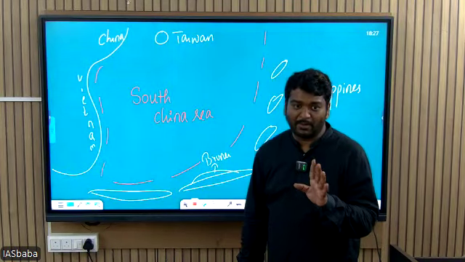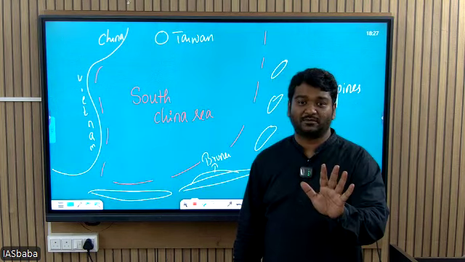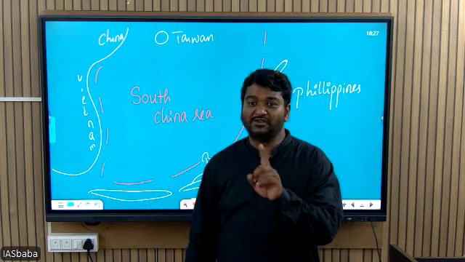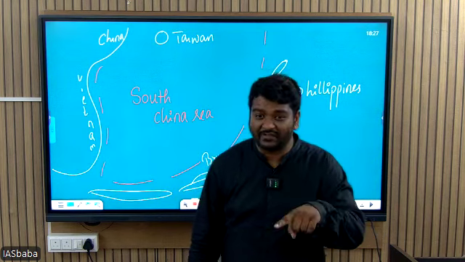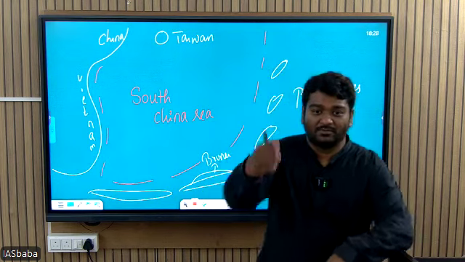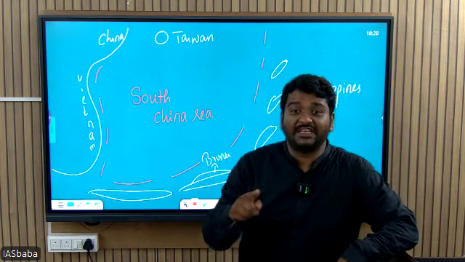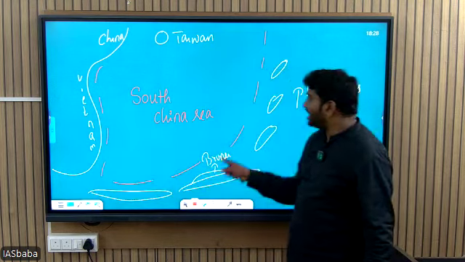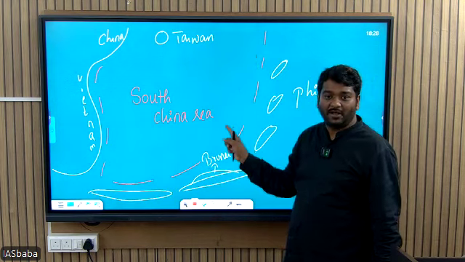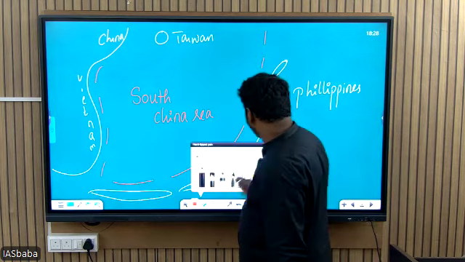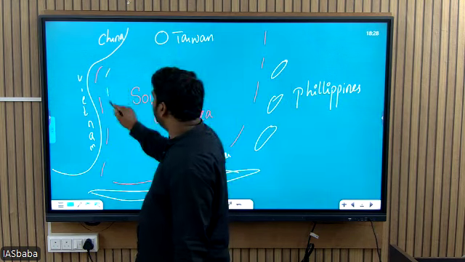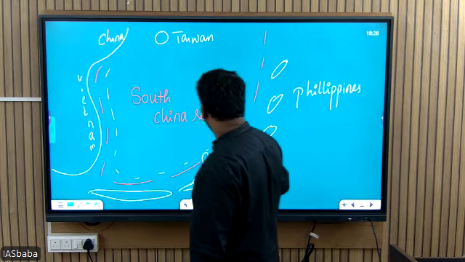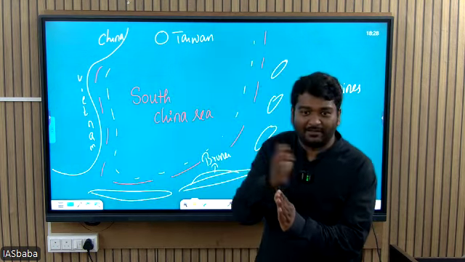Remember, guys, it's not exclusive economic zone. If it is exclusive economic zone, you can move. China says it is territorial waters. Can any country have this much territorial water? If this is territorial water, can I tell this should be your baseline? 12 nautical miles, right?